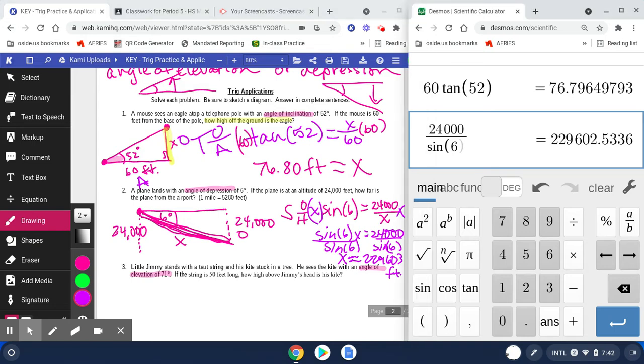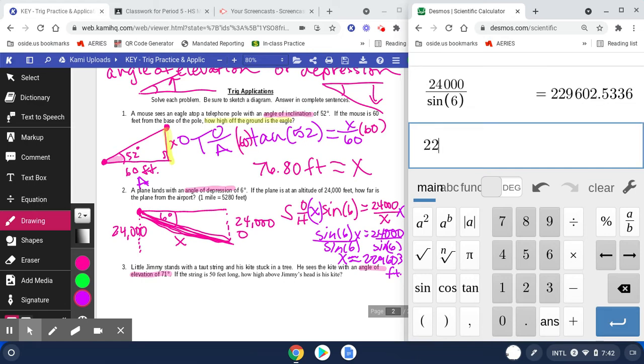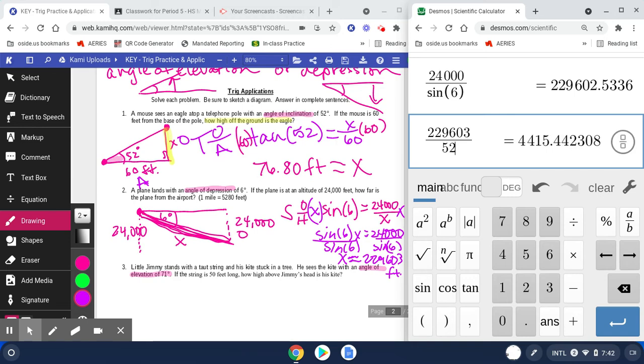So technically we could do it in miles because we don't really say feet when we're talking about an airplane distance, right? So 229,603 divided by 5280. And so it's 43.49 miles.